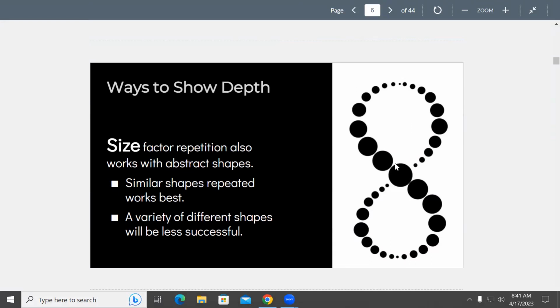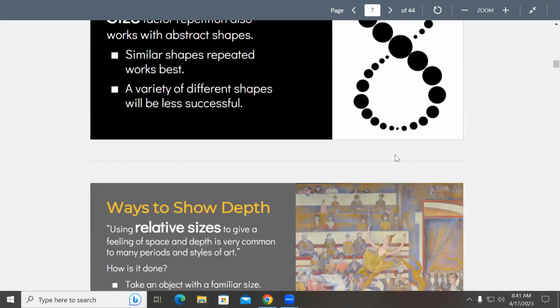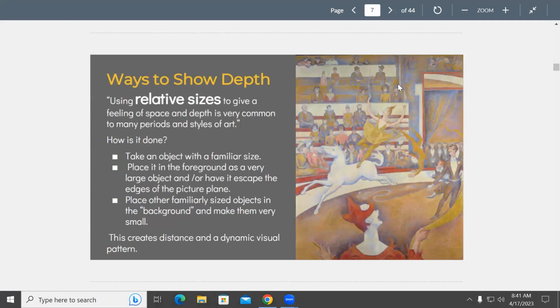Can you see this big circle feels closer to you, and these small circles are at the back? This is in front, this is going back, and this is farther away, and again it's coming towards you, and again it's going back. When you have a repetition, you will feel that, and also when you have the context.